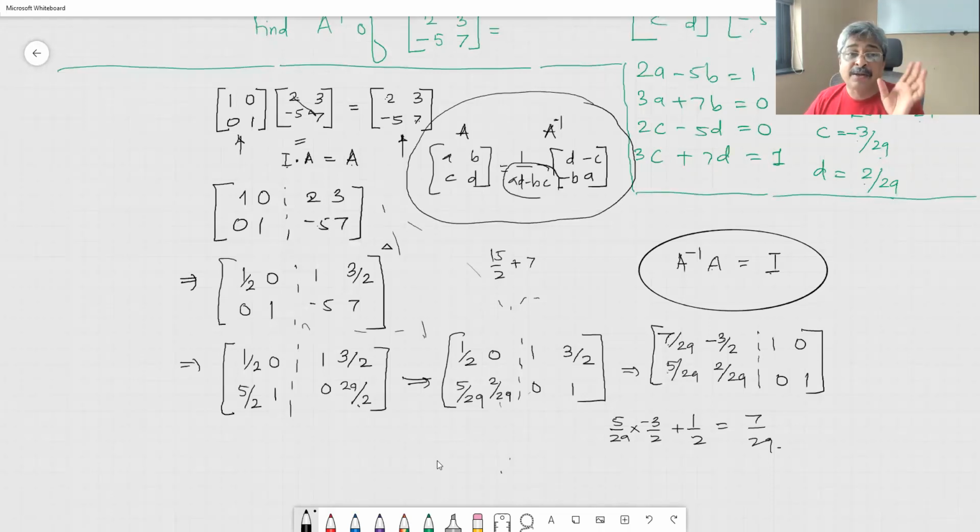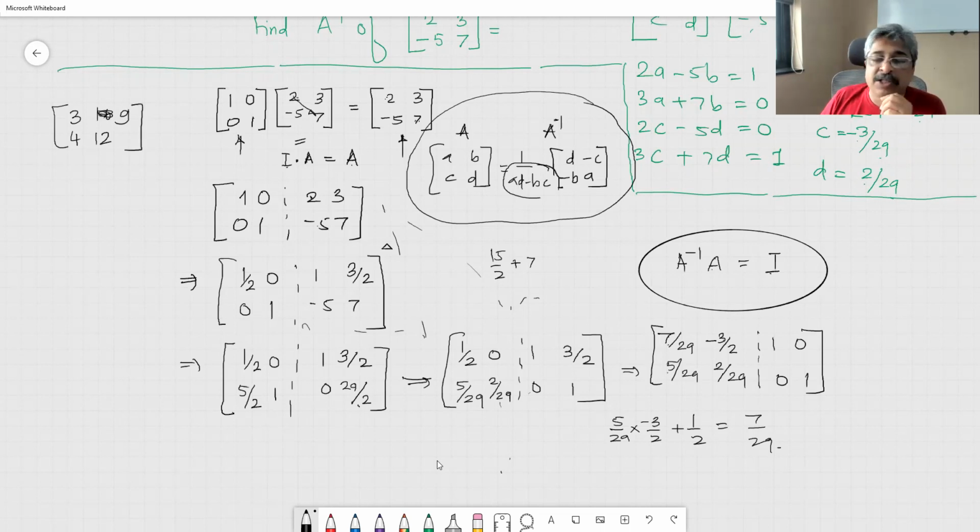If by mistake, suppose I give you 3, 12, 4, 16, 12, 3, 36, 9. By mistake, suppose I give you this matrix to find the inverse. You should not say that 12, 3, minus 4, 9 is the inverse of this.